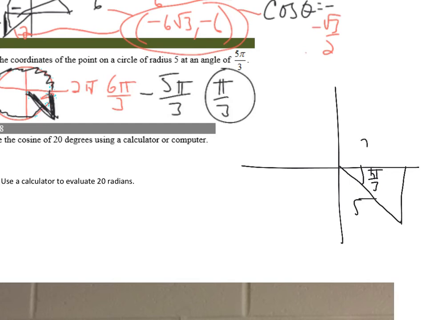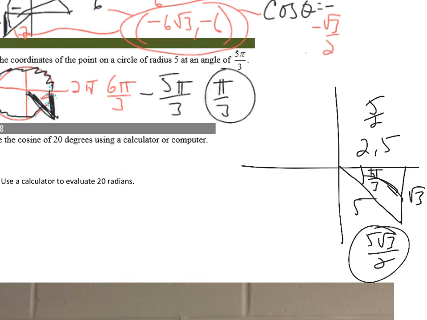So 1/2 of 5 is 2.5, or 5 over 2 if you want. And then the side opposite the 60-degree angle, or the pi over 3, is the square root of 3 times 2.5. So let's see, how am I going to write this? I guess I'm going to write this as 5 square roots of 3 over 2. It feels cleaner to me.